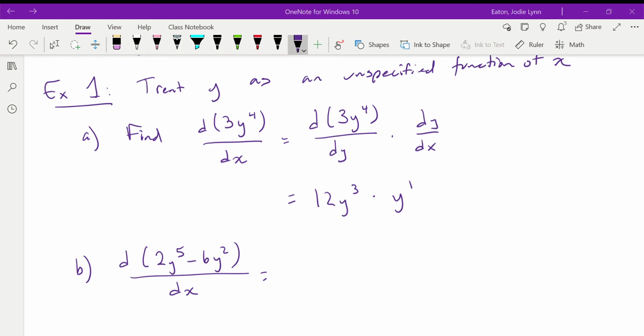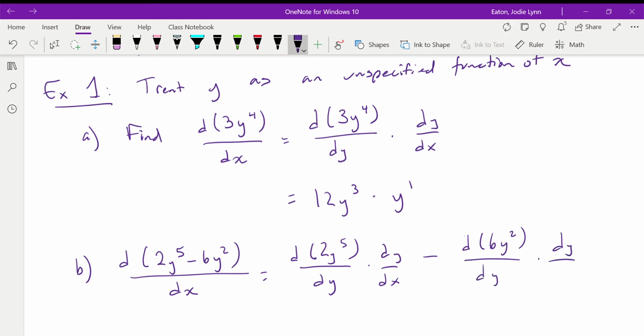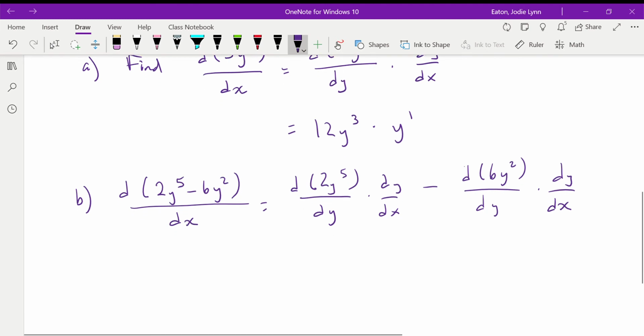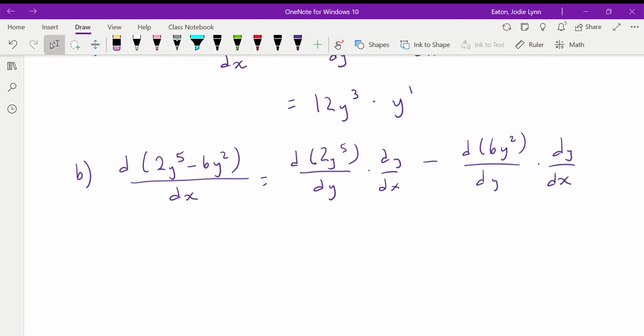So this is going to be the derivative of 2y to the fifth with respect to y times dy/dx, minus the derivative of 6y squared with respect to y times dy/dx. We're pretending y is some function, we just don't know what it is. And so this gives us 10y to the fourth times y prime minus 12y times y prime.